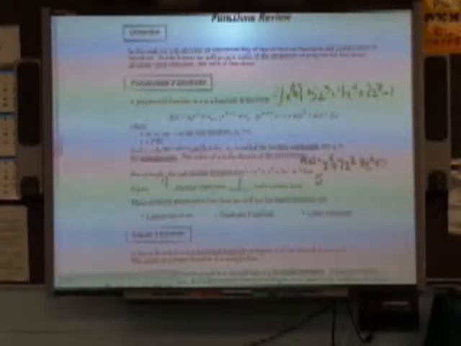We'll look at where the zeros are, so the zeros being where it crosses the x-axis, and the general shape. My x to the power of 4, x to the power of 6, x to the power of 8 graphs all have a very similar shape, and my x cubed, x to the power of 5, x to the power of 7 all have a similar shape. So it's learning the characteristics of the shape.